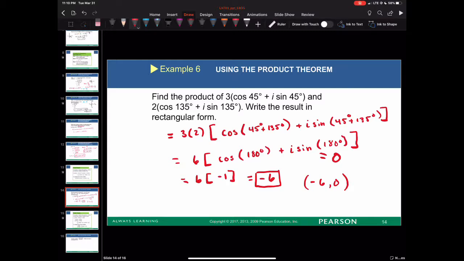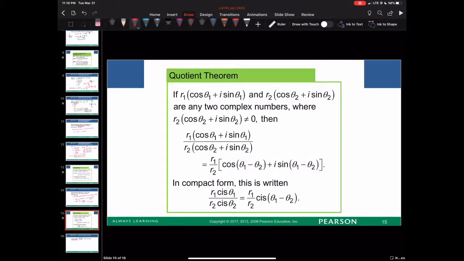So if you didn't understand anything that I did, just make sure you go back through it and you ask questions about it. So let's look at quotients theorem. So same concept, but you're doing what? R1 times cosine theta 1 plus i sine theta 1 over R2 times cosine theta 2 plus i sine theta 2.